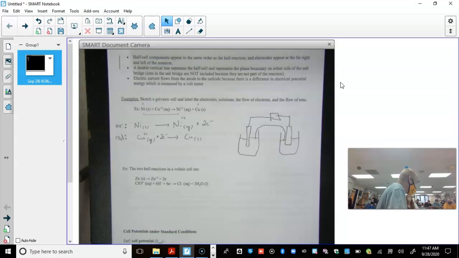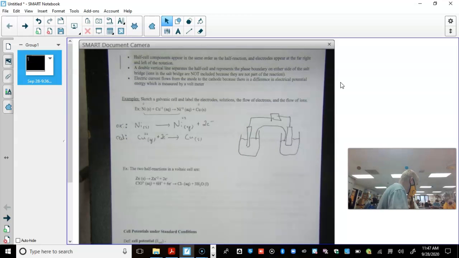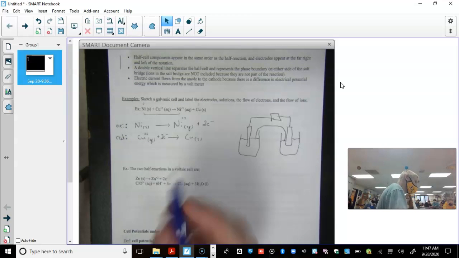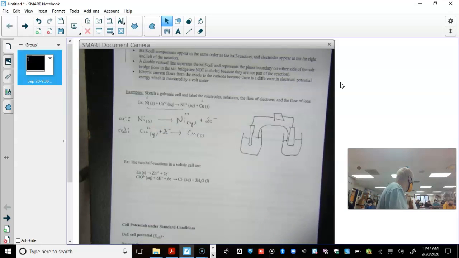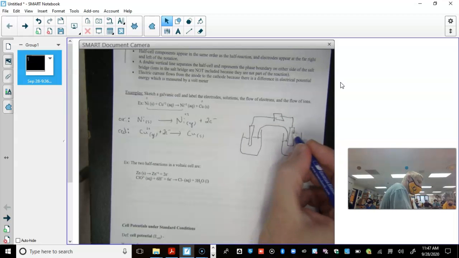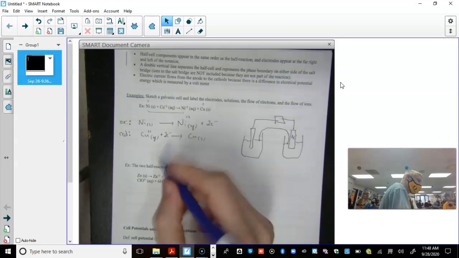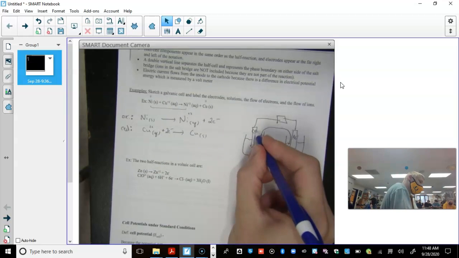Alright, we said that on the left side is going to be our anode, and that's our oxidation, which is right here. Or it doesn't have to be on the left side, you can put it on the right side. It just means the flow of electrons is going in that direction. So, let's put it on this side. So we got nickel. And then the other substance is copper.